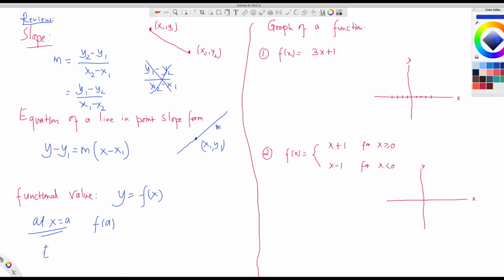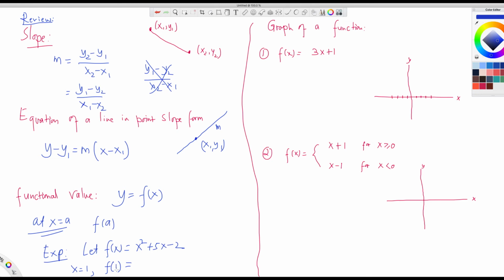For example, suppose f of x equals x squared plus 5x minus 2. Suppose you want to find f at 1. That is the functional value of f of x at x equals 1, okay, that's what it is saying. So x equals 1, we replace all x by 1.